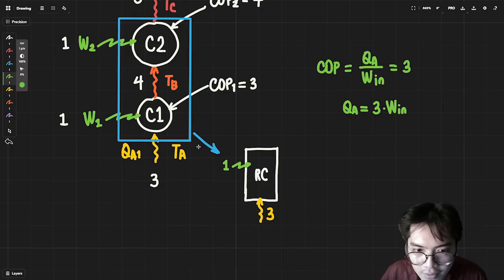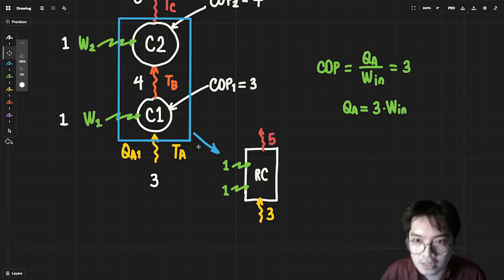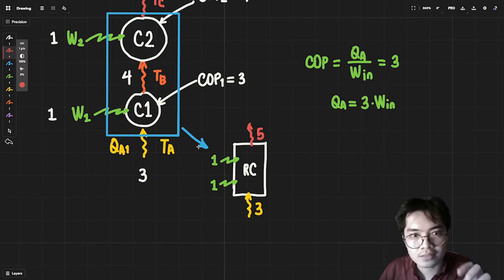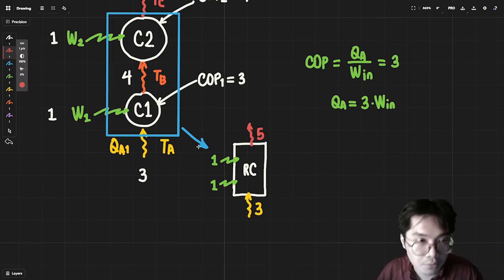I put in 1, I put in another 1. And then what comes out of here is 5, which makes sense, but the only thing that we need is the COP of this whole cycle.